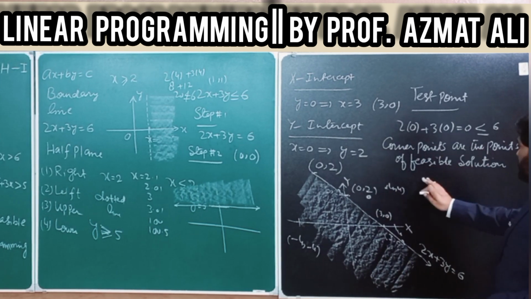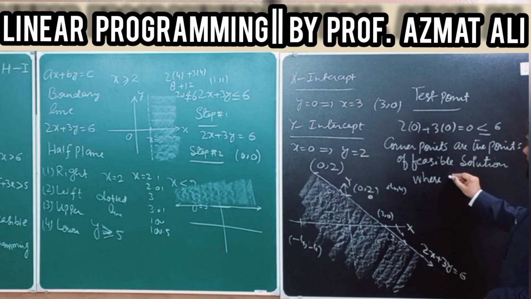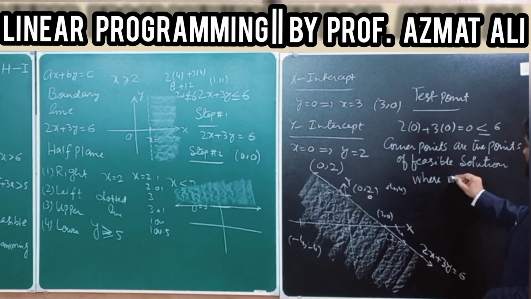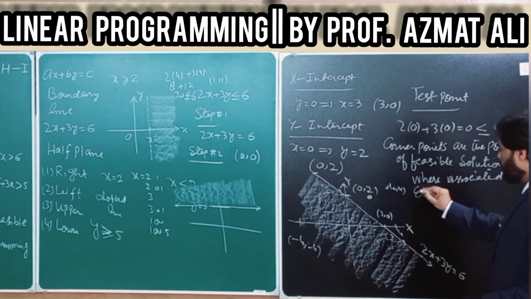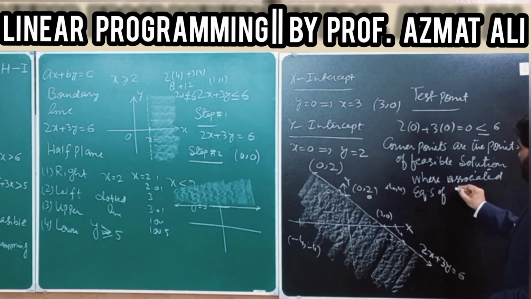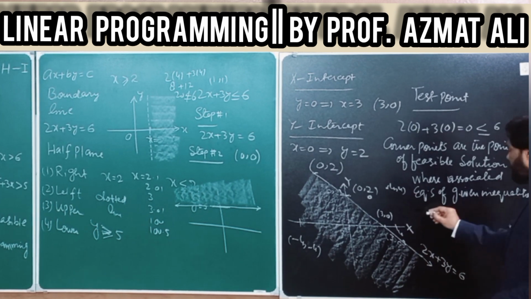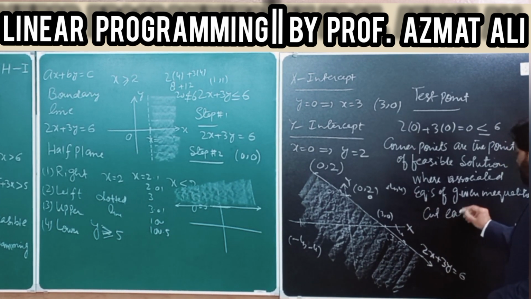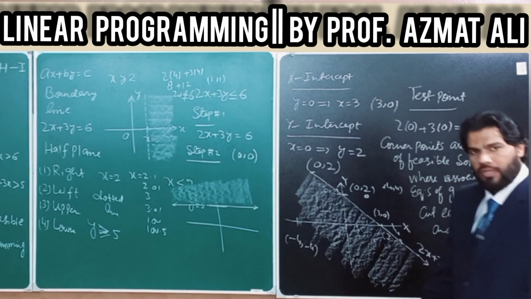Corner points are the points of the feasible solution where the associated equations of the given inequalities cut each other and cut the axes. These are called the corner points.